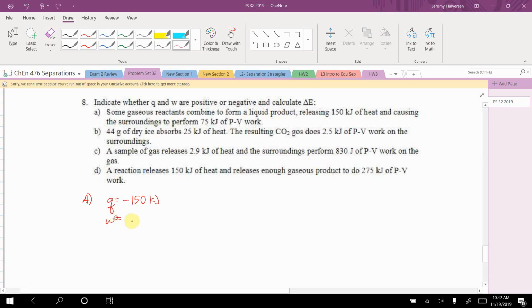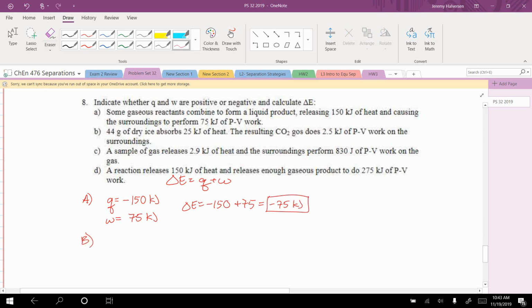So if the surroundings are doing it, it's positive 75 kilojoules. So then delta E equals Q plus W, delta E equals negative 150 plus 75. So that's going to give me negative 75 kilojoules of total change in energy.